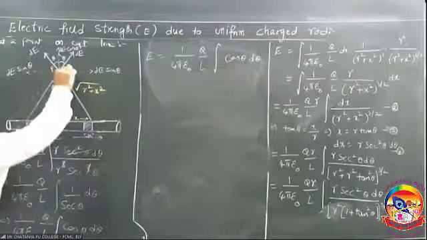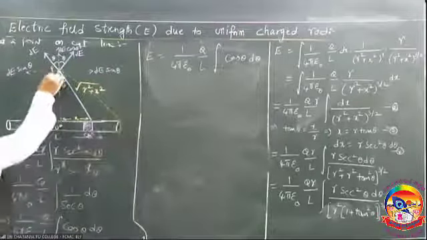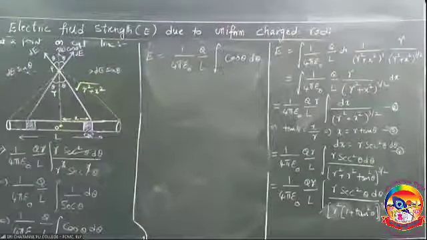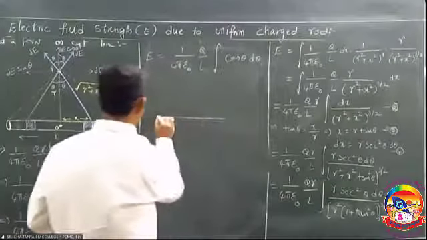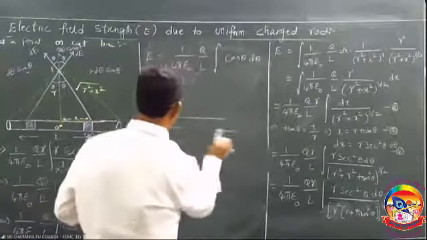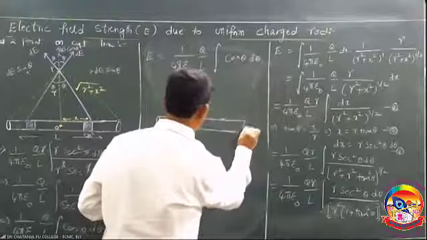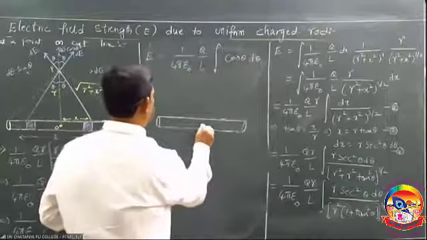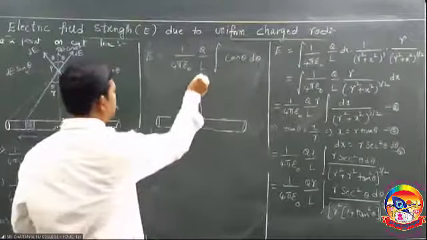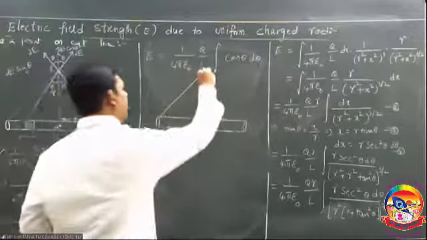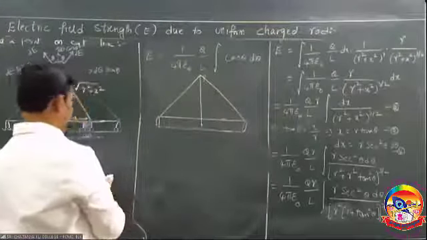This end and this end, these two. If this is the rod, here is P, this end is making an angle, this end is also making an angle. Those are the limits.